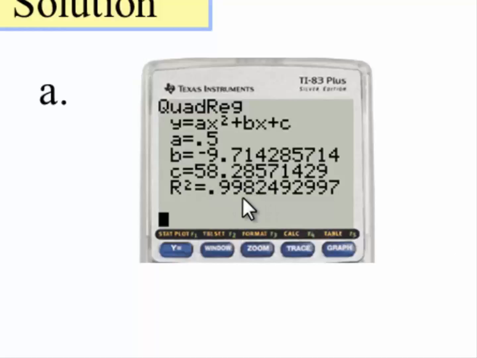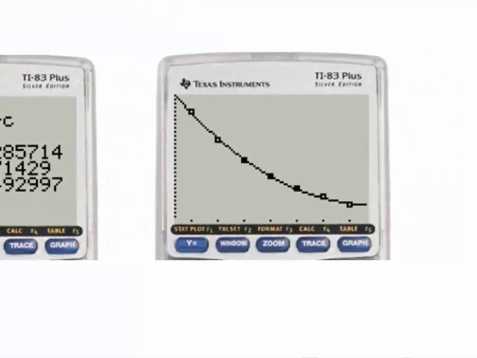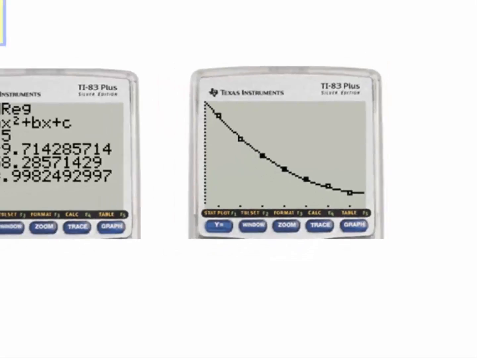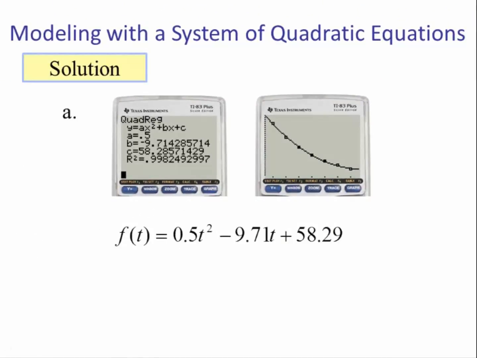This is very high, so this is likely the best model. If we graph it with the data set, we see this is doing a very, very good job of modeling the data. So for the quadratic model, f of t equals 0.5 t squared minus 9.71 t plus 58.29.